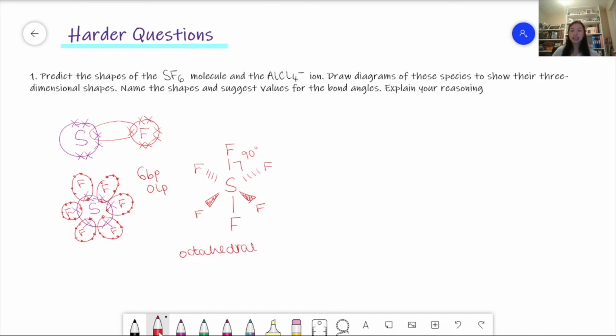And then we look at AlCl4-. So aluminium is in group 3, so it has 3 outer electrons, and then chlorine is in group 7, so it has 7 outer electrons.